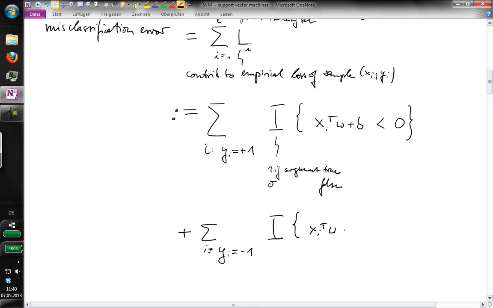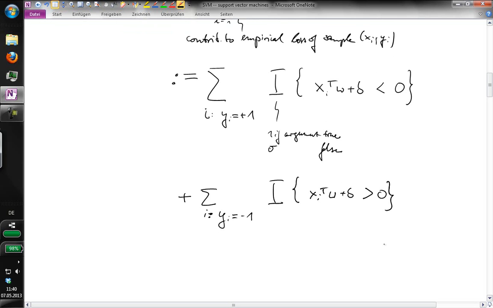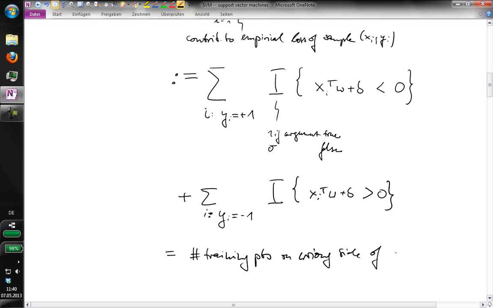So if xi transpose w plus b is larger than 0, even though it should really be smaller than 0. So in words, this misclassification error is simply the number of points on the wrong side of my decision boundary or decision plane.